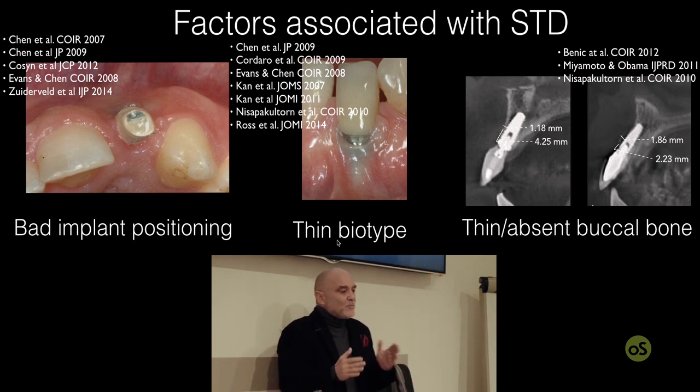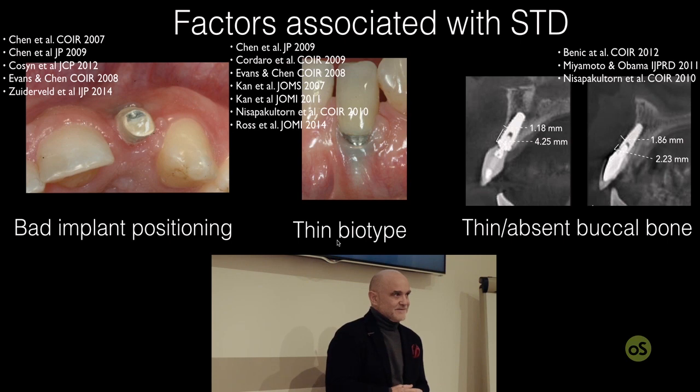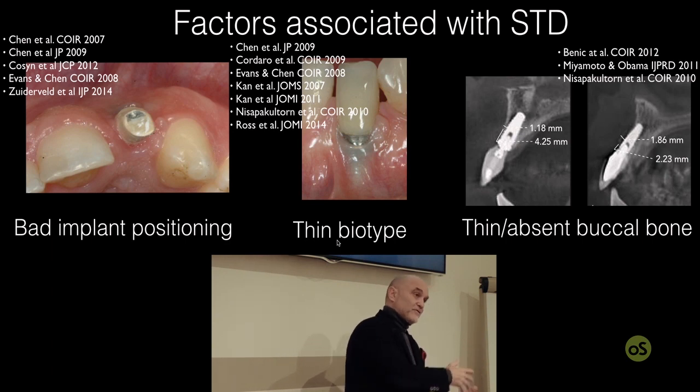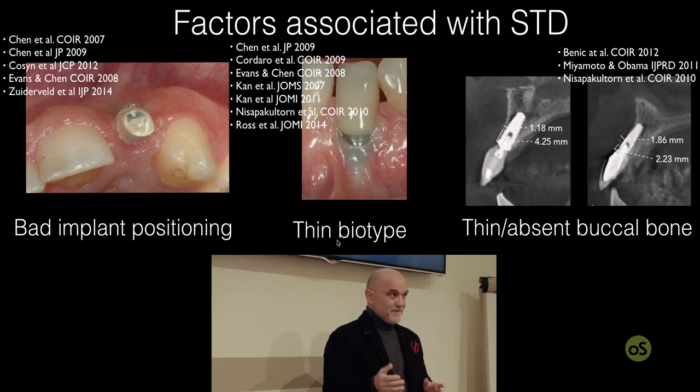So can we really use the same parameters that we use for teeth, thin and thick biotype, that are now called phenotype, also for implants? I think that if we think differently, we can say that there is no patient, no biotype, no phenotype that is thick enough by itself in the case of an implant to give stability to the soft tissue margin in the transmucosal zone.